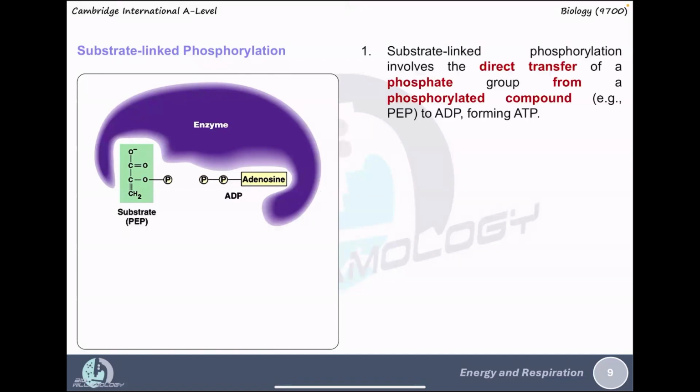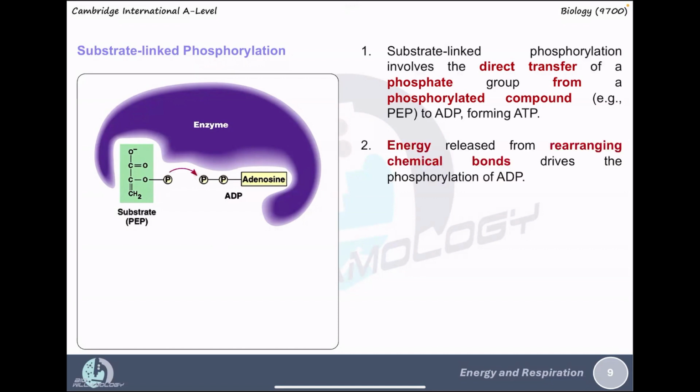Substrate-linked phosphorylation involves the direct transfer of a phosphate group from a phosphorylated compound. In this case, the substrate is a phosphorylated compound. It involves the direct transfer to ADP so that ATP can be formed.